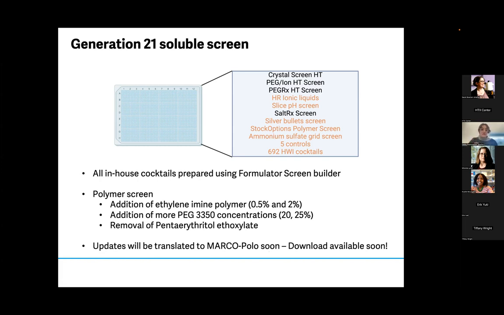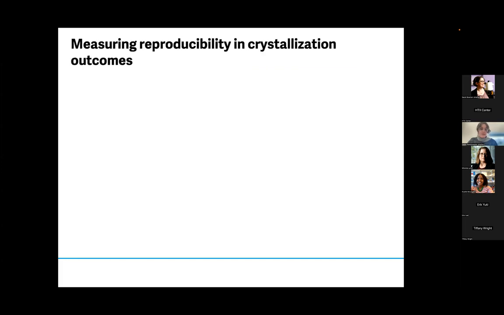And so if you're using our 1536 screen in April or beyond, you will want to download the newest version of Marco Polo that Ethan mentioned, or MacroscopeJ, which will have the new mapping for our 1536 plates. Otherwise, if you get hit crystals and put them into the old versions of these softwares, you will not have accurate data about your crystallization conditions. And we're happy to answer questions about that as well.